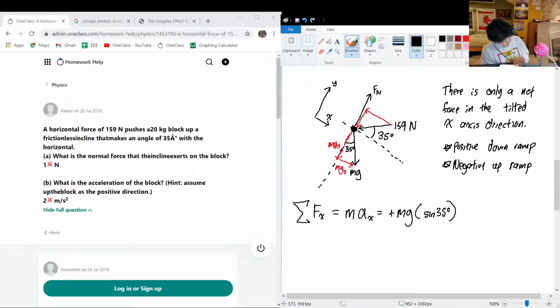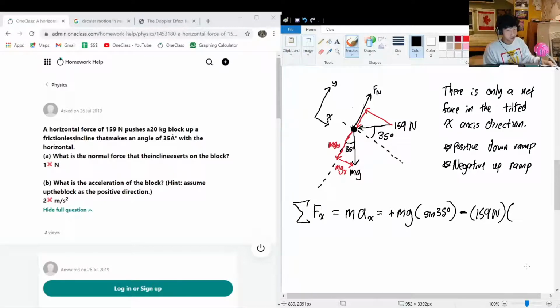35 degrees. And now the second thing that we need to consider is the 159 Newton force, perfectly horizontal. In this case we want to get just the x component of it. This is going up the ramp though, so it's going to be a negative term, negative 159 Newtons. And what term do we have to multiply into here?